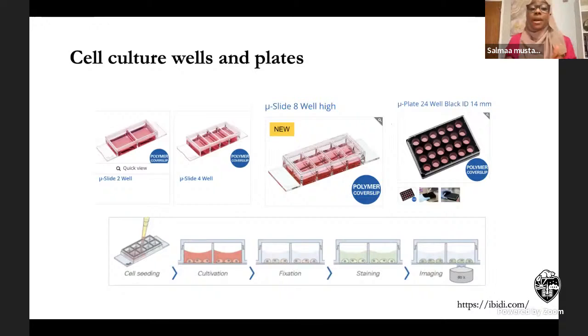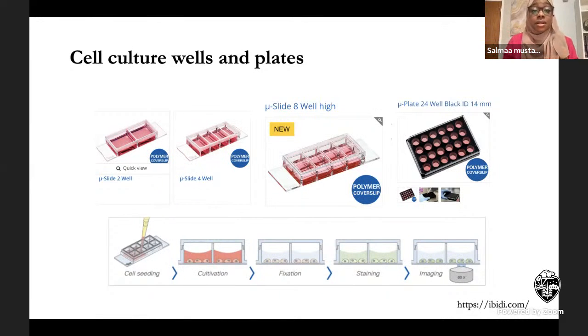So I was talking about the different methods that you can use, the different kinds of plates or materials. Depending on your assay or your protocol, or even your virus, or the volume of your experiments, you can decide what kind of plates you want to use. ibidi, they're using this slide method.